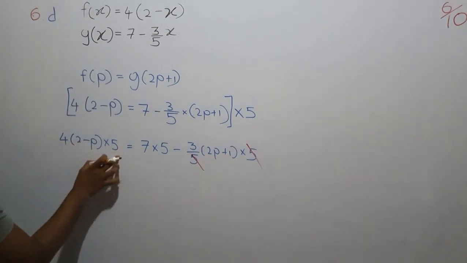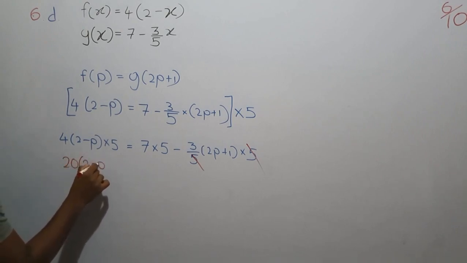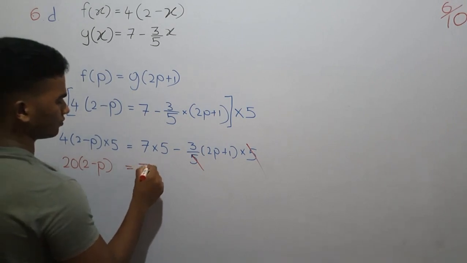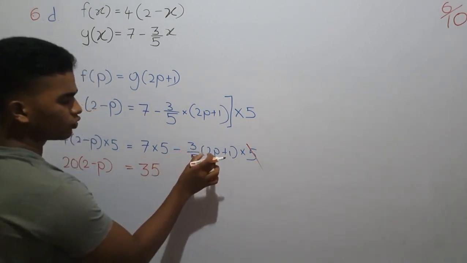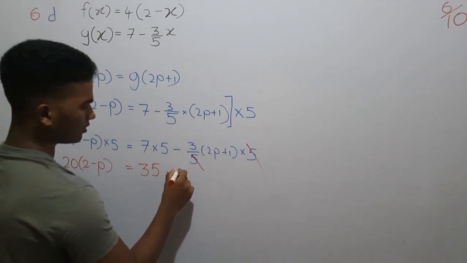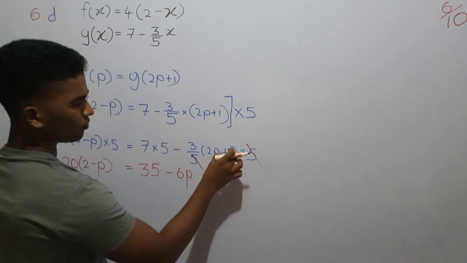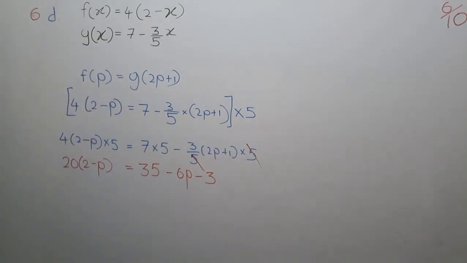So 5 into 4 is 20. 2 minus p equals 7 into 5 is 35. Now minus 3 into 2p is minus 6p. Minus 3 into plus 1 is minus 3.